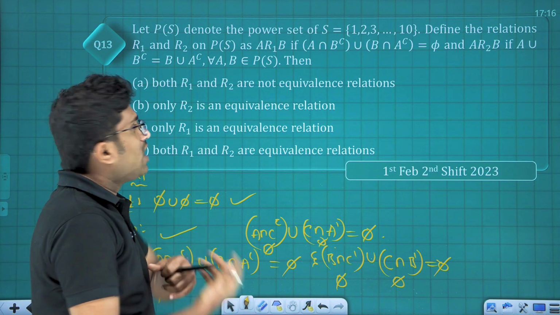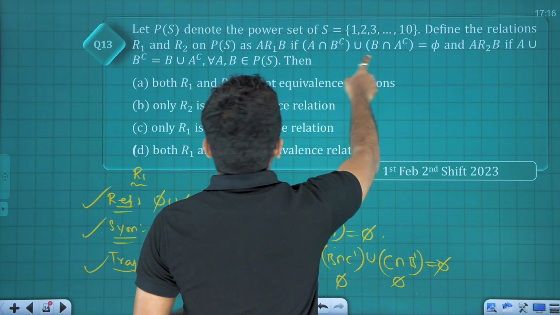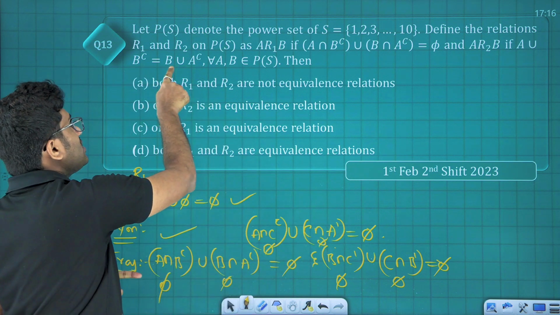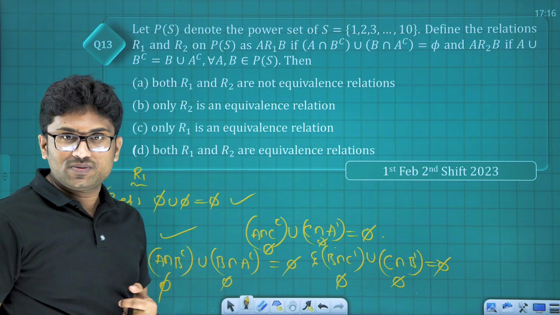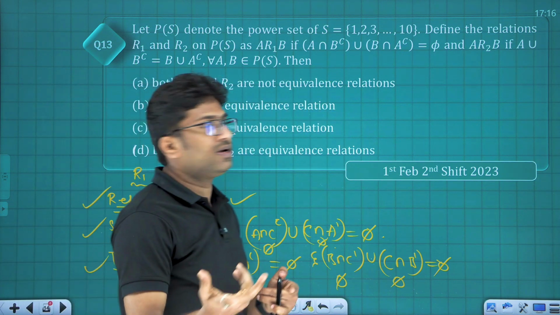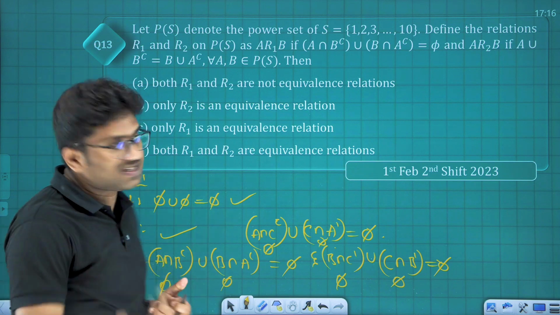Coming to R2, R2 is also the same case. A union A complement is equal to A union A complement. It is reflexive. Symmetric means it is already symmetric by definition: A union B complement is equal to B union A complement. Fine. Now transitive means again the same.